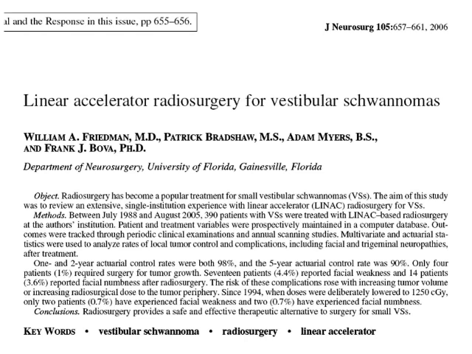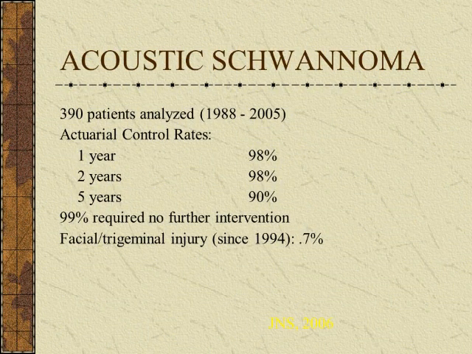So here's a later paper that we put together on our vestibular schwannomas. It was on our first 390 patients. And you can see that 90% of the time there is actuarial tumor control at 5 years. I think there are 2 important takeaway messages here.